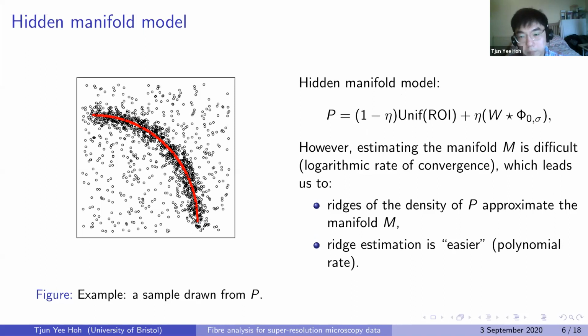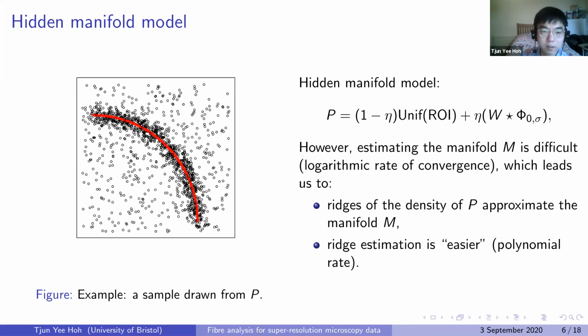Now, with this model, we could estimate the manifold M, but this is a relatively difficult problem. Estimation of manifolds gives us at best a logarithmic rate of convergence, so that is problematic. And we consider instead an easier problem. We can resolve this by looking at the density P, the density of this model.